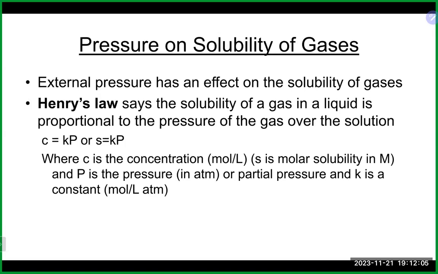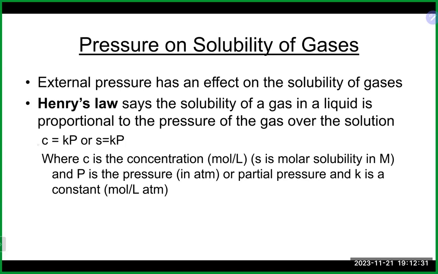Okay, so continuing on here, we're going to talk about pressure and the solubility of gases. This is what is sometimes referred to as Henry's law, and also as the soda can effect, what happens with soda in a can. Henry's law says that the solubility of a gas in a liquid is proportional to the pressure of the gas over the solution.